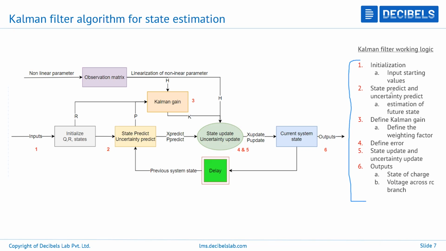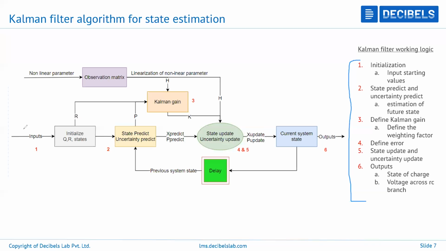First we will start with initialization. Whichever filter we have, whether it's recursive least squares, a regular linear Kalman filter, an extended Kalman filter, or a sigma point Kalman filter, it always starts with an initialization where we provide some initial guesses. We have to provide the starting point for the filter.